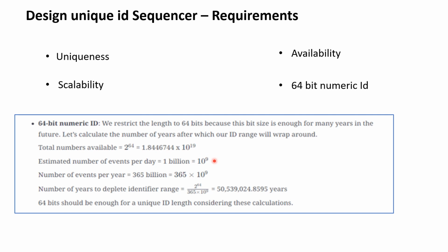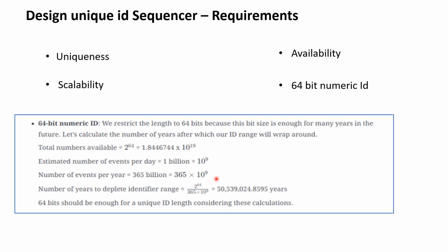And even if your system is a very busy system like Facebook or Twitter, and every day you are going to generate 1 billion events, even then in 1 year you will have this many events, right? 3 to power 9.